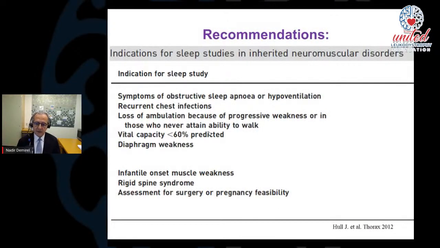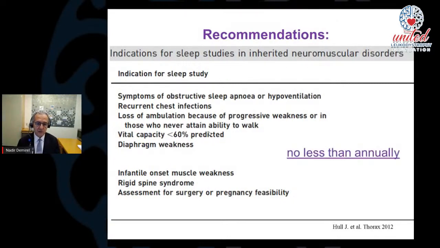Another recommendation is that everybody who has clinical symptoms of sleep apnea or hypoventilation, recurrent chest infections, loss of ambulation because of progressive weakness, vital capacity, which is this pulmonary function measurement, less than 60%, or signs of diaphragm weakness, they should get a sleep study at least once a year.